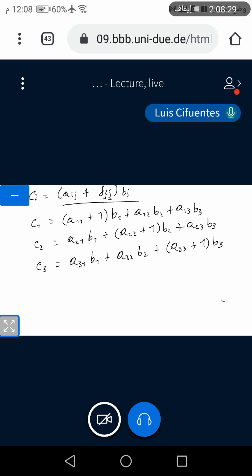This is the equation in long terms using the index notation.